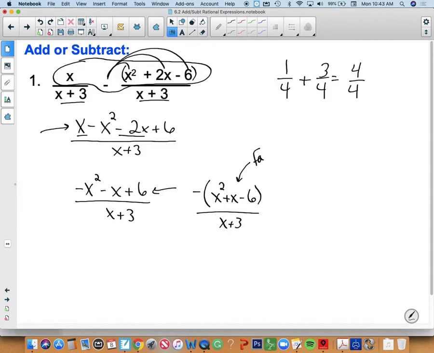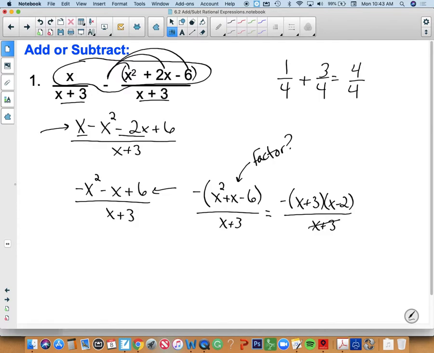Does that factor? Two numbers that multiply to give you a negative 6 and add to give you a positive 1. Well, that would be a positive 3 and a negative 2. So let's do that. So negative stays in front, x plus 3, x minus 2, and that's all over x plus 3.